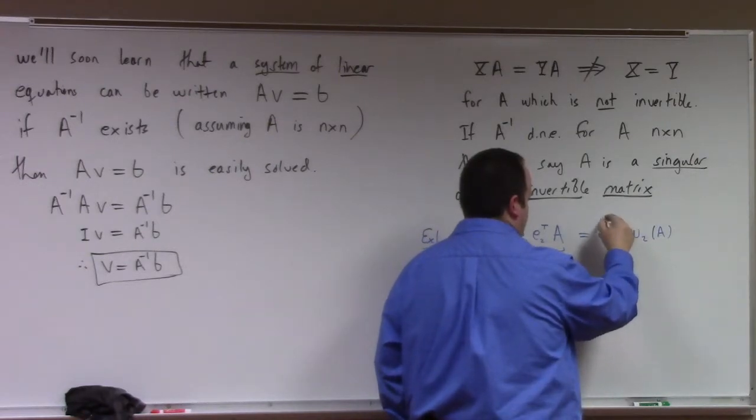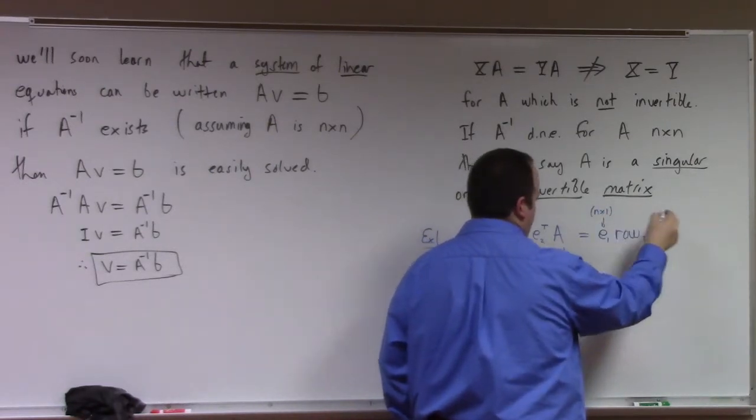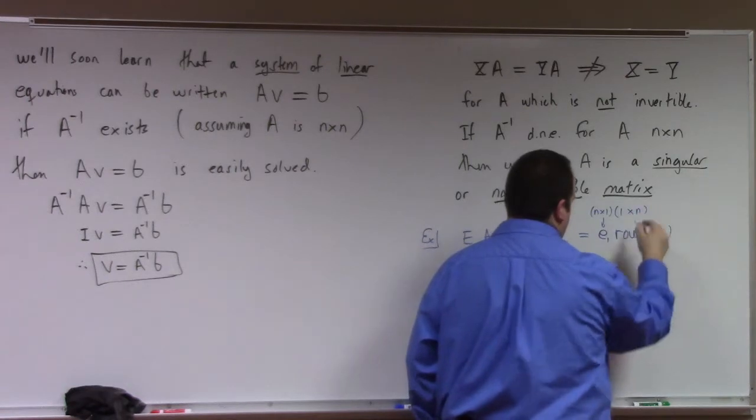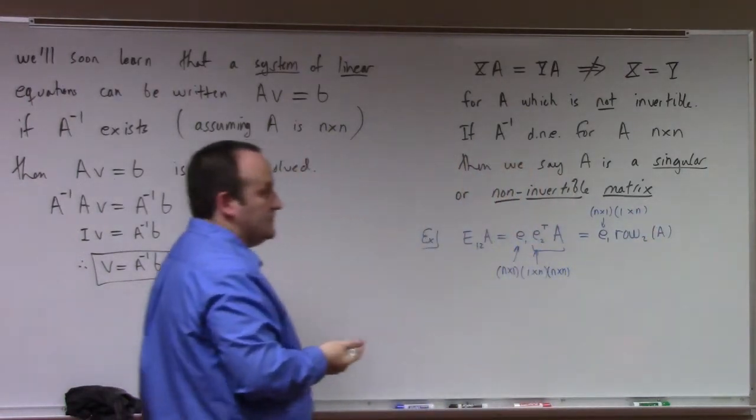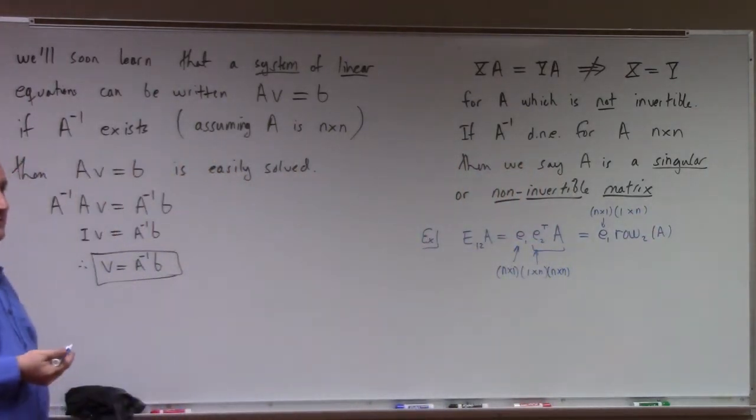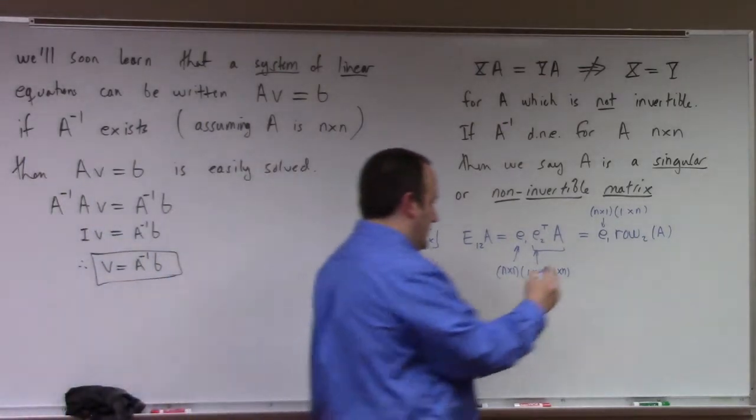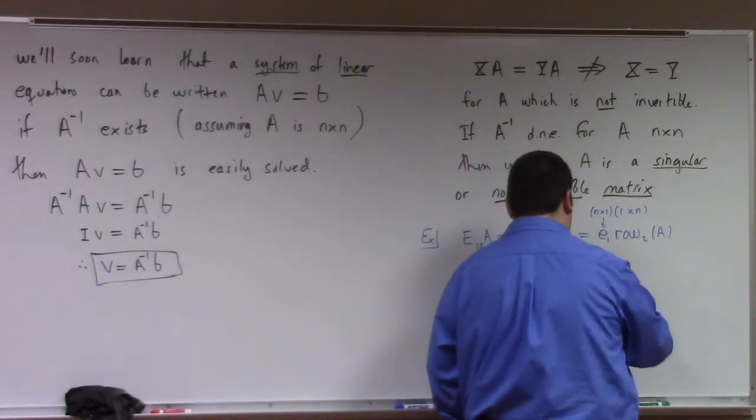What are we looking at here? We're looking at n by 1, and this is 1 by n. So this is also going to be a matrix. What's that matrix look like? I'll write it out in the dot dot notation.